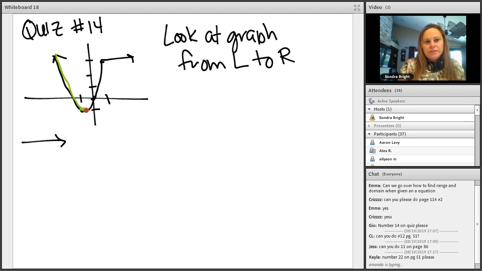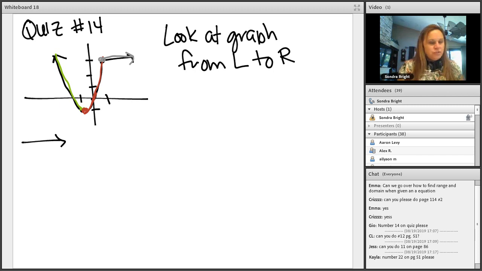Then you start from this value and your y values are getting bigger, bigger, bigger, so that's increasing. And then from this value to the right, it's staying constant. So you're always looking from left to right, and asking, are your y values getting bigger or smaller?